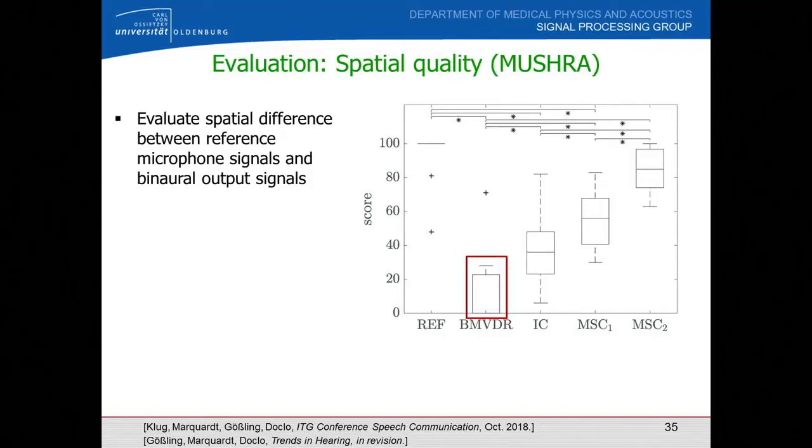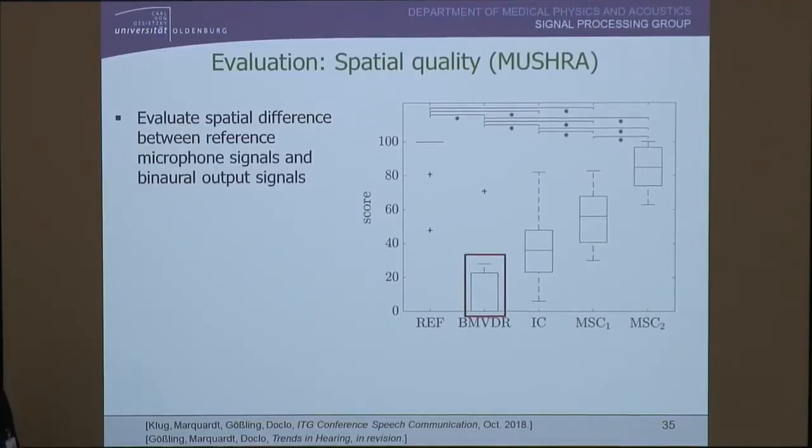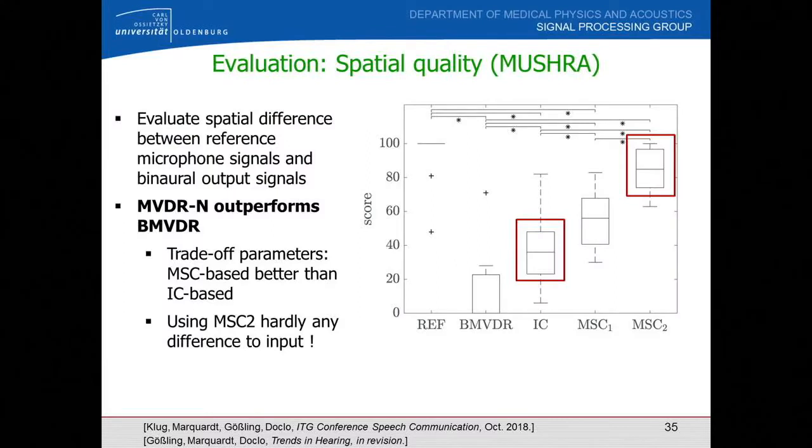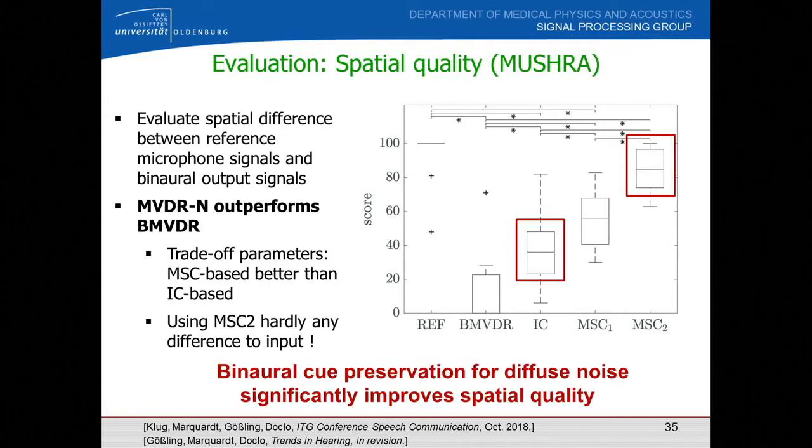It's already good in the MUSHRA test. Binaural MVDR, everything is coming from one direction, so it's really poor. And then these mixing schemes, depending on which scheme we take, definitely give better performance than binaural MVDR, and it even seems that for one of these schemes the rating is almost as close as the input signal. So that's good. At least mixing preserves or improves this spatial quality.